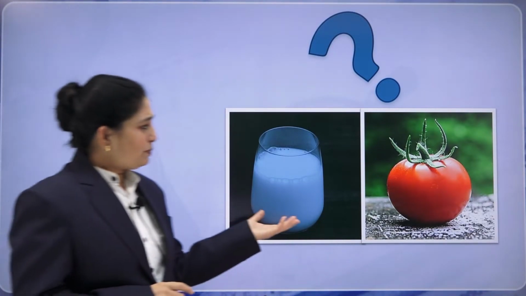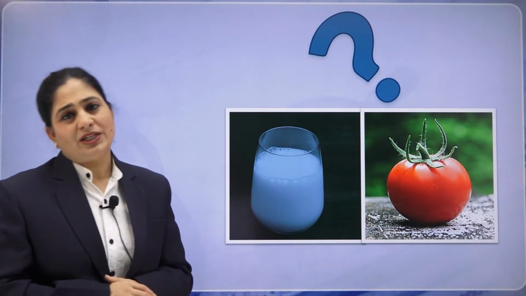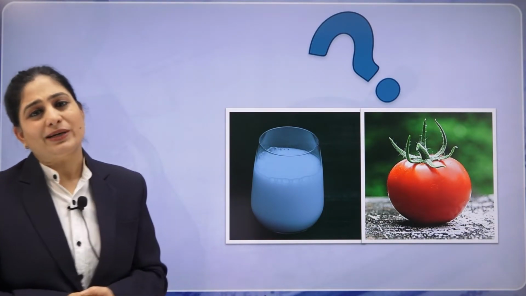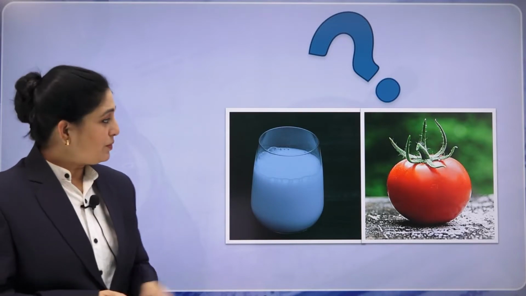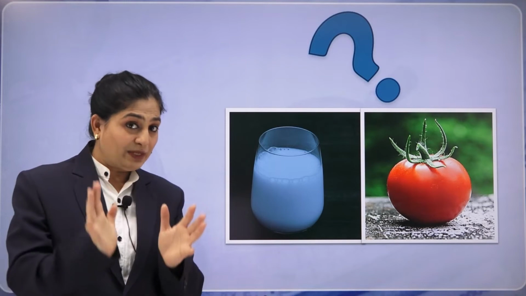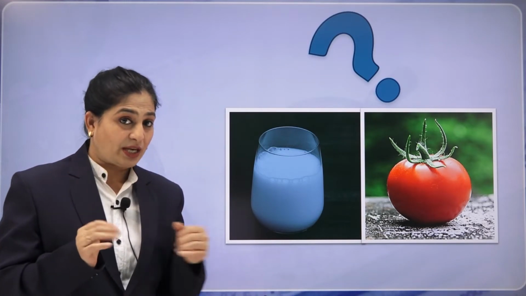If your mom says to go and purchase some milk, you will ask your mom, how much milk am I supposed to purchase? You need to mention 1 liter of milk, 2 liter of milk. That means some unit, some parameter is required.